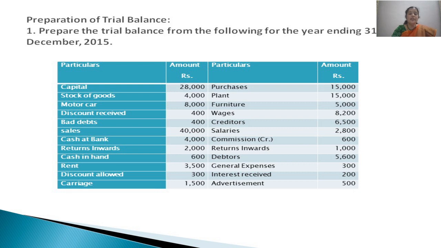Then all expenses and losses are debit balances. All losses and expenses. So bad debts, then rent is an expense, carriage is an expense, like that.